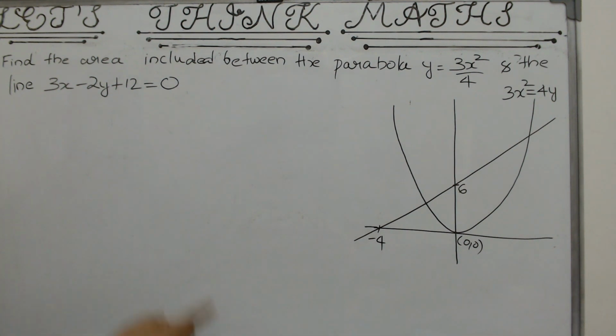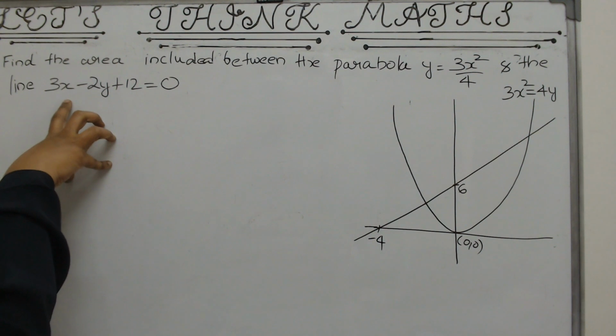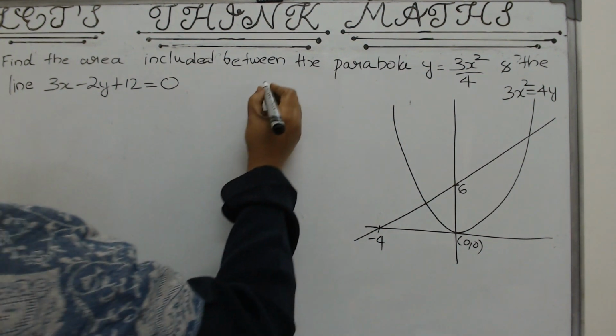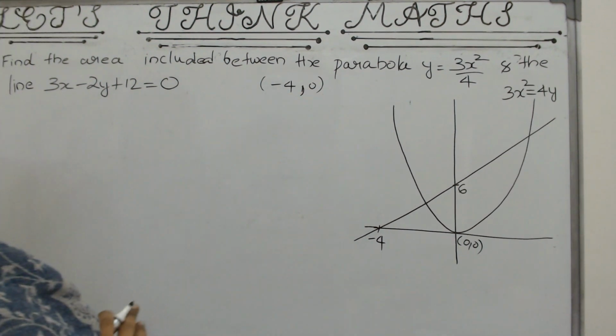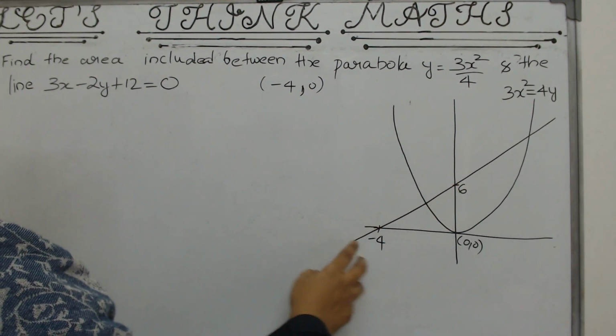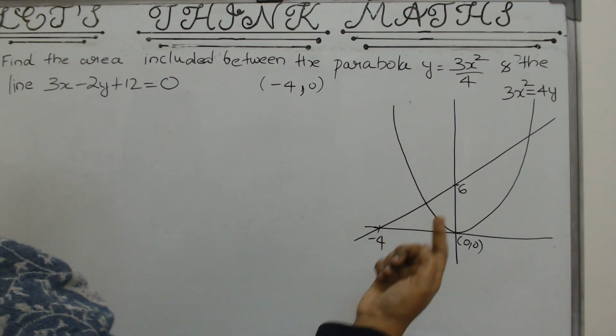How will you find that? First put y is equal to 0, then what will you get? 3x is equal to minus 12, or in other words, minus 4 is the place where the line cuts the x-axis, or in other words, the x-intercept is minus 4.